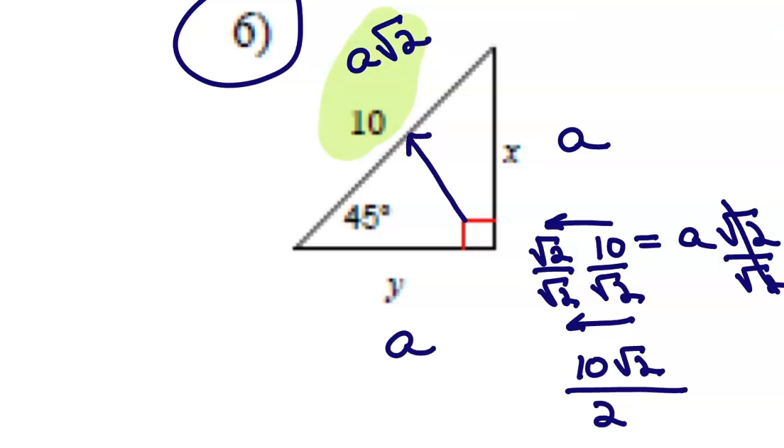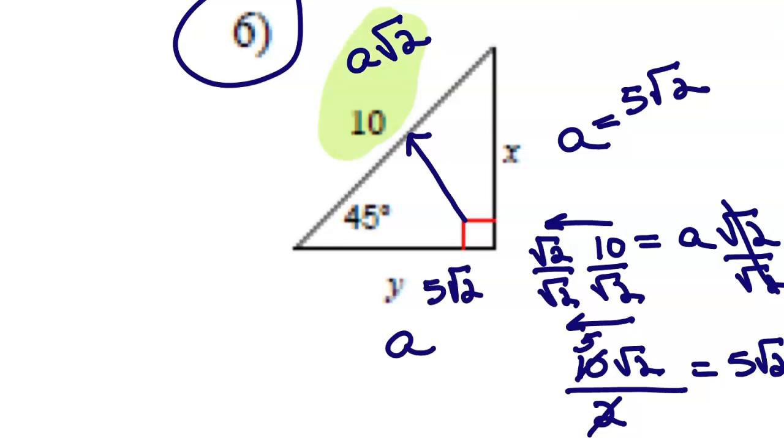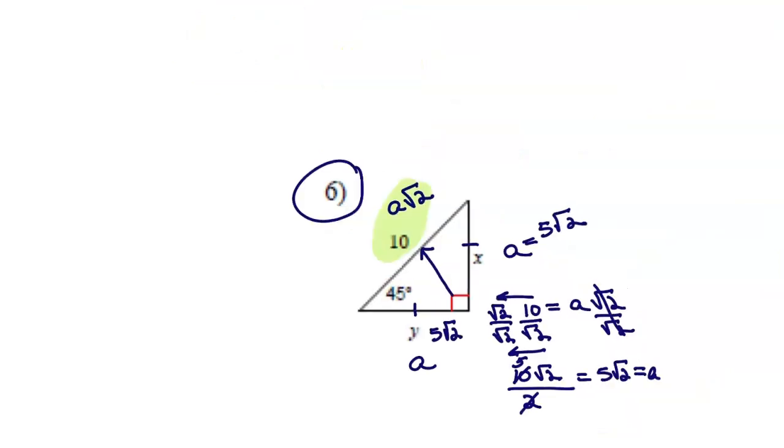I can reduce that by putting 2 into itself 1 time and 2 into 10 5 times. So that's going to equal 5 root 2, and that is my A. Once I get my A, I know that this side is also 5 root 2 because it's isosceles, and these two sides are equal, and they were my A sides. Okay, next thing.